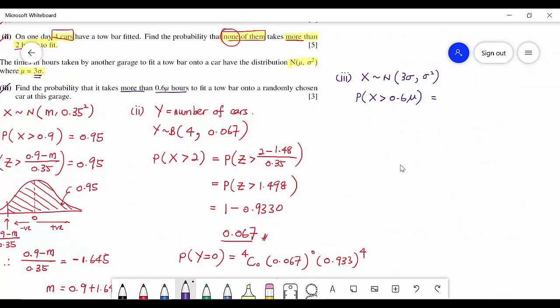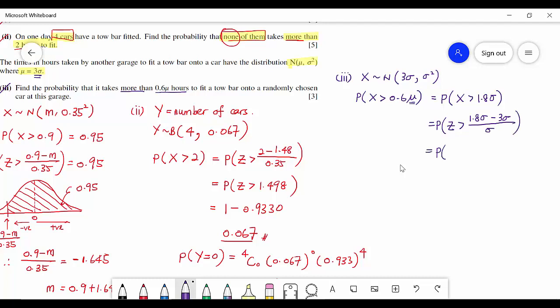Okay, so first of all, you need to standardize it, right? But before we standardize it, I will want to change the mu in terms of sigma. So you take 0.6 multiplied by 3 and you get 1.8 sigma. Okay, so from here you try to standardize it. 1.8 sigma minus the mean, which is 3 sigma, divided by the standard deviation, which is sigma.